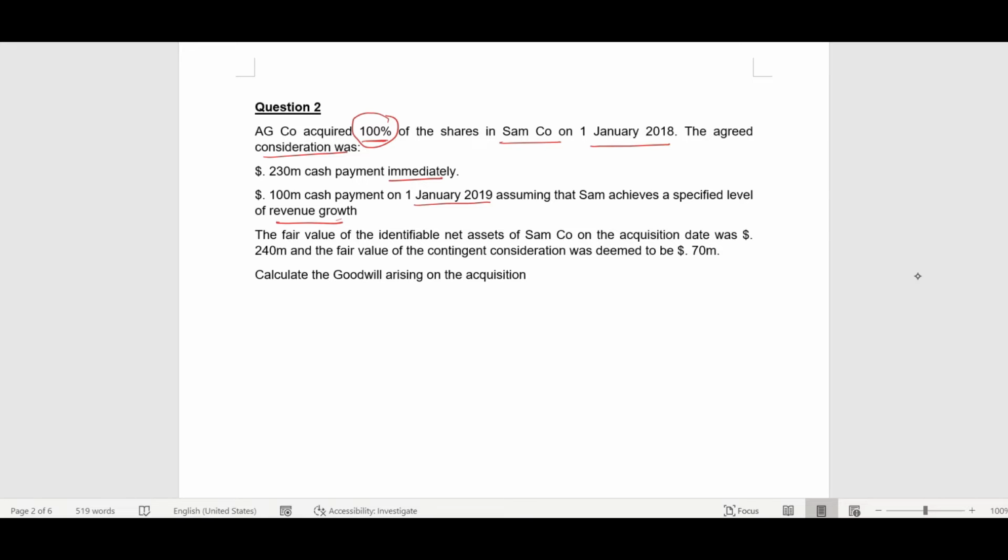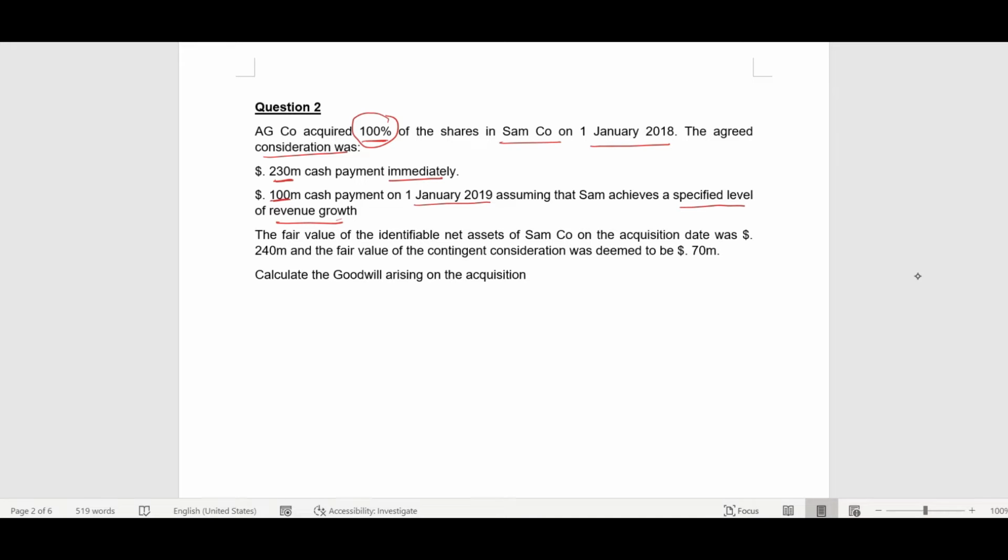So AG has agreed to pay 100 million after 1 year, on the condition that SAM achieves a specified level of revenue growth. This 100 million is not immediate.